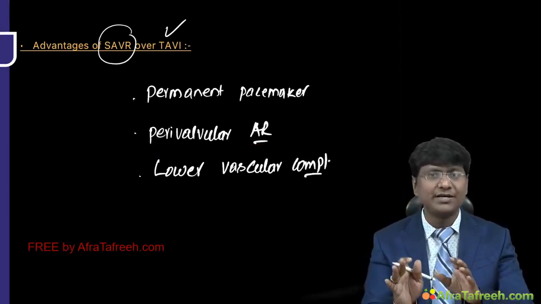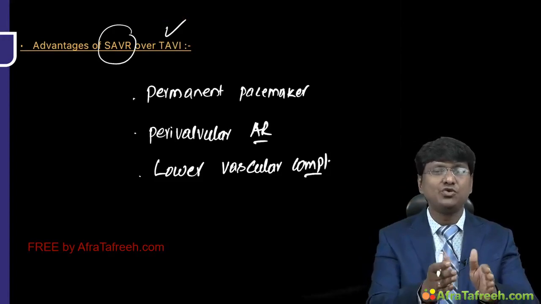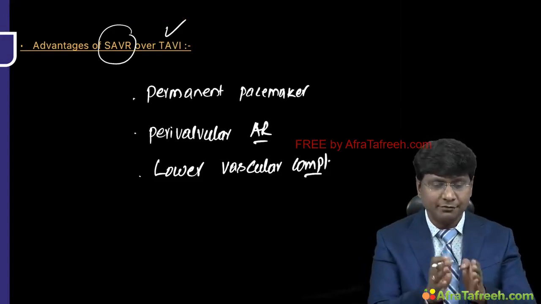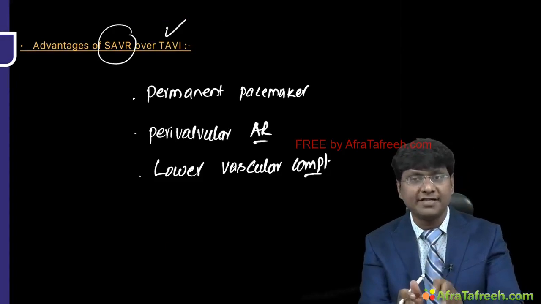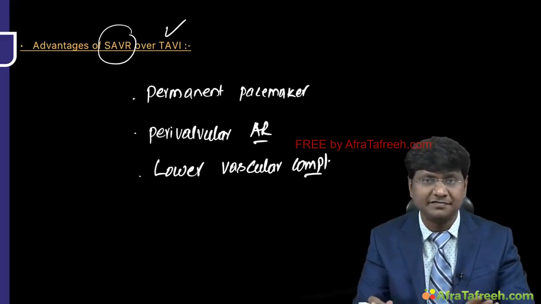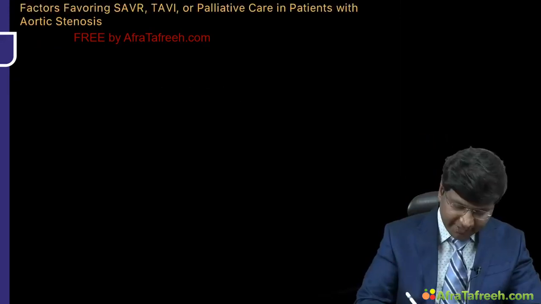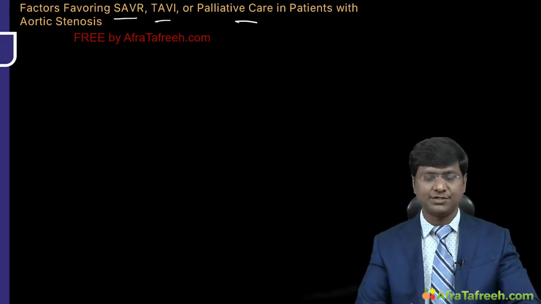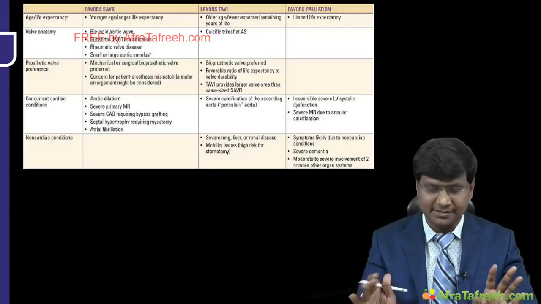Now let me show you a table of which group of individuals favor surgical aortic valve replacement, which group favor TAVI, and in which group palliative treatment will be enough. So, factors favoring surgical aortic valve replacement, TAVI or palliative care in patients with aortic stenosis. This table is directly from Harrison.